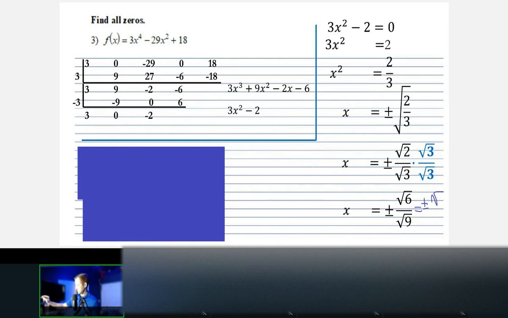So we have radical 6 on the top, and the square root of 9 is 3 on the bottom. So I think Isaiah got it right. Yeah, he put rad 6 over 3. I think Isaiah's the only one that actually wrote the correct answer. Brady almost got it right. He put a 2 instead of a 3.